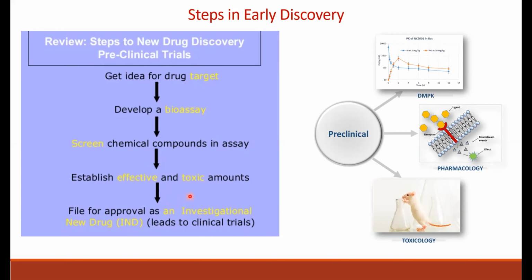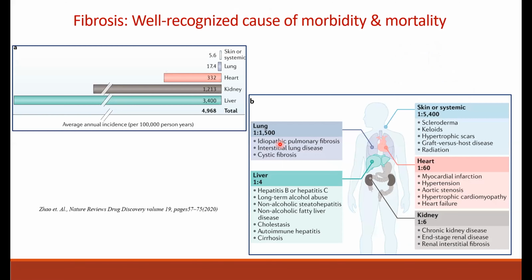So I'm going to concentrate more on the idea of a drug target in this presentation, with fibrosis, specifically cardiac fibrosis, as my topic of interest. So fibrosis is a well-recognized cause of morbidity and mortality.